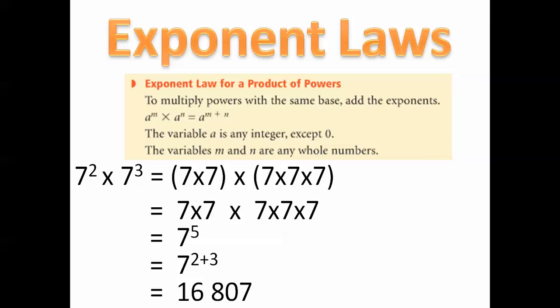Let's look at the next example. 8 to the 4 times 8 to the 3 times 8 to the power of 1, because we know that any integer written as itself is to the power of 1. And as we examined in the last slide, if we have the same base, which we do, we have 8, 8, and 8, we just add the exponents.